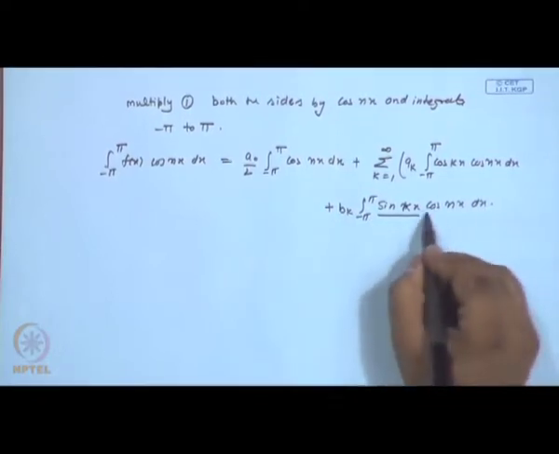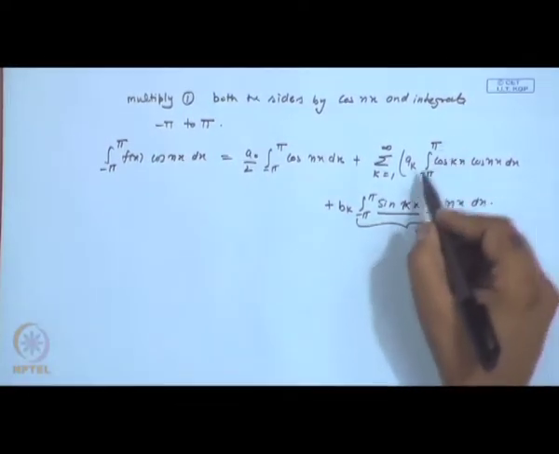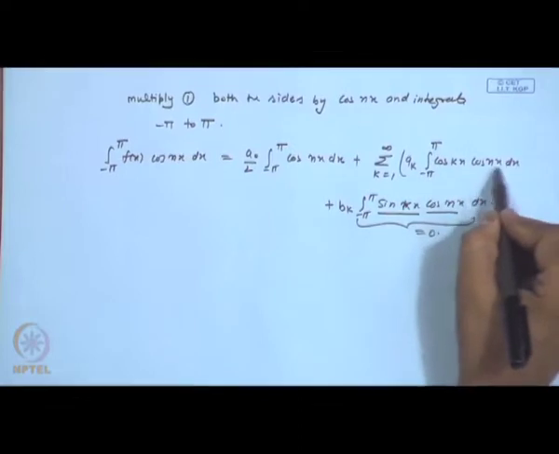So, this is the sin and cos product, and this will always be 0, that is what we have seen, and here we have cos kx cos nx.